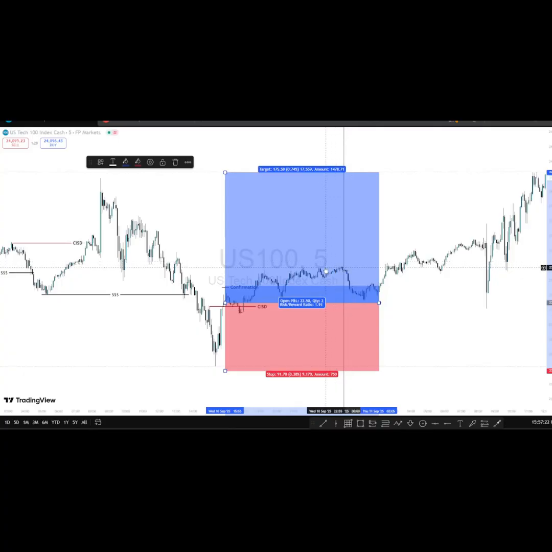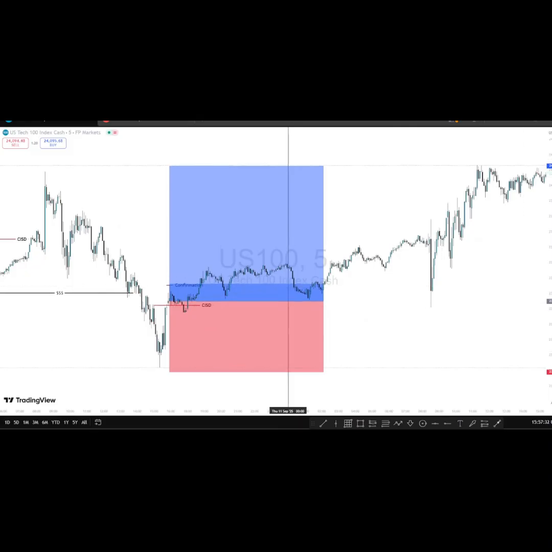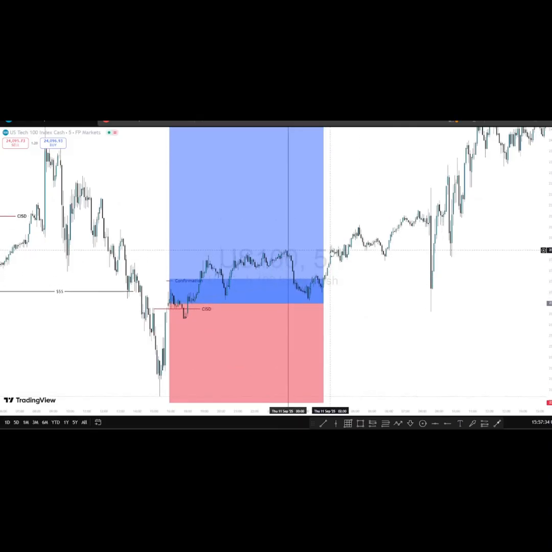For example, when price swept these relative equal highs right here, it was a re-entry. However, the time was not right to take such an entry. But if you are to enter that right there, you need to place that stop loss maybe below this swing low that we had used yesterday, the day before.